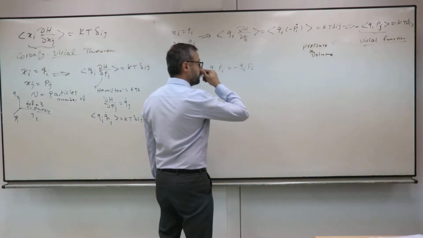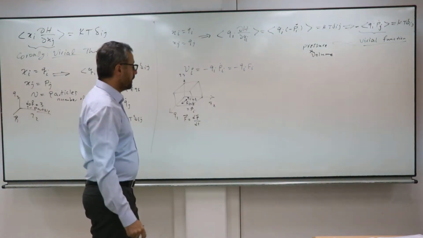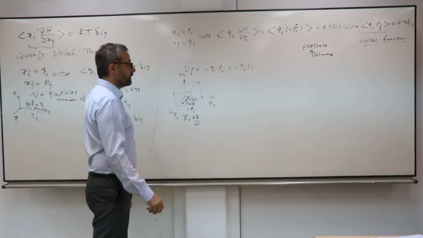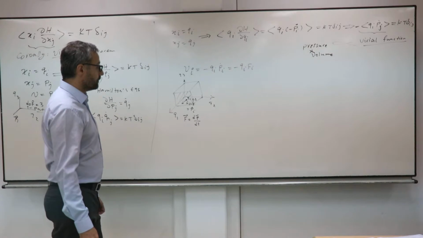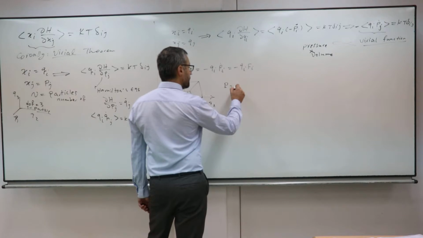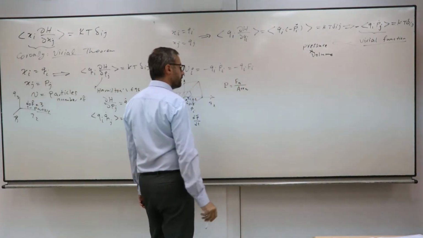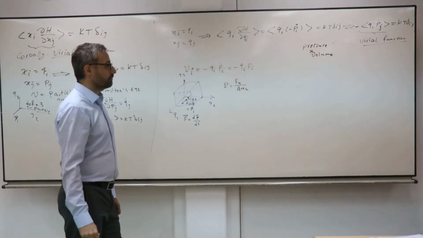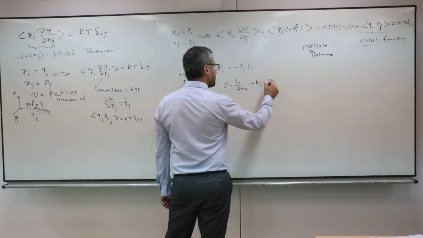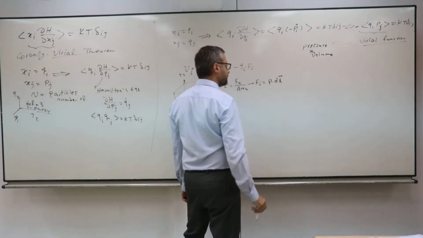Okay. What is the F? From basic classical mechanics, you know that you can convert the F to the pressure. Pressure is defined as the normal force over the area. So this force I can write as P times the area, dA.